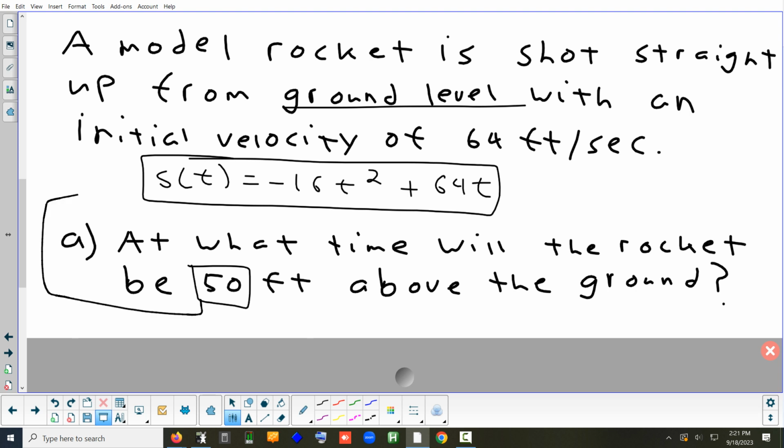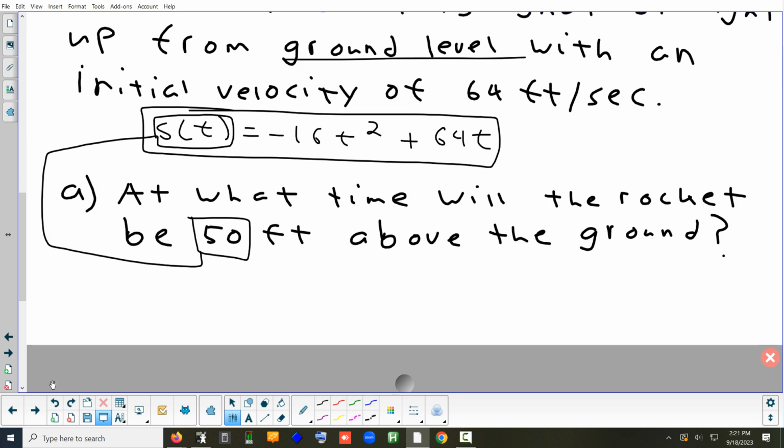This gets filled in right there. S of t is the height, and that's what we're trying to find. So we would have 50 on the left, and then we would be solving for t on the right. That's very similar to the sidewalk problem, except instead of 50, I think we had like 600 or something like that.